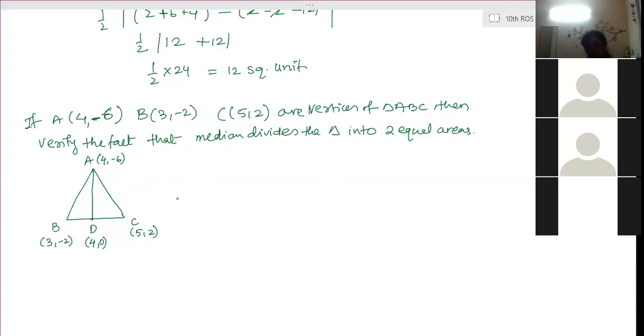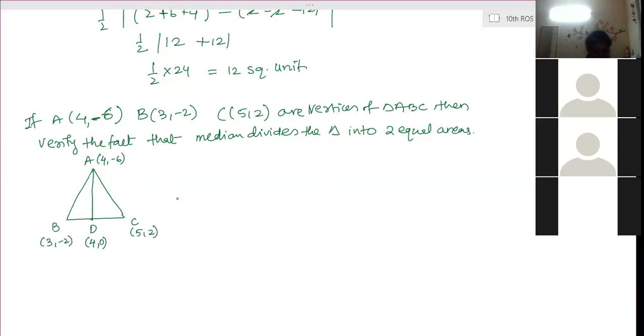What do you want to prove? Read the question carefully, Ankur. What have they asked to prove? Prove that the median divides that triangle into two equal areas. That means what has to be done? Find the area.